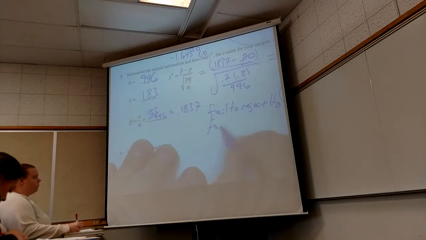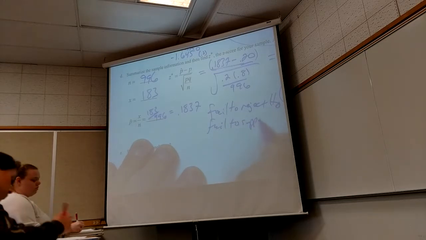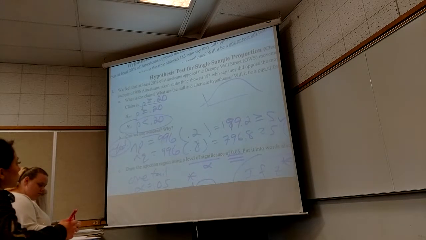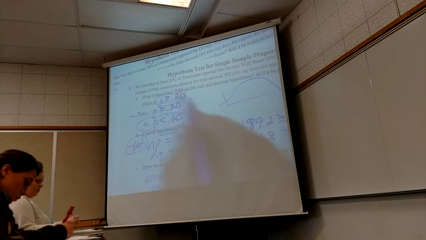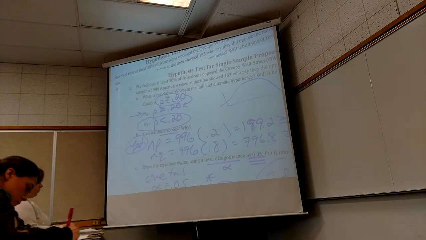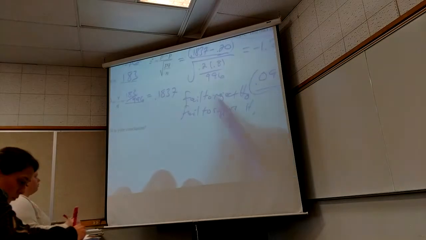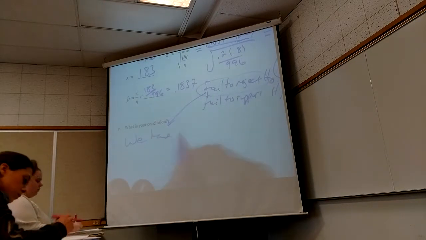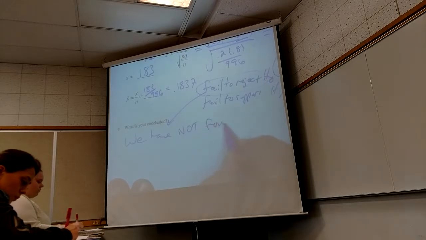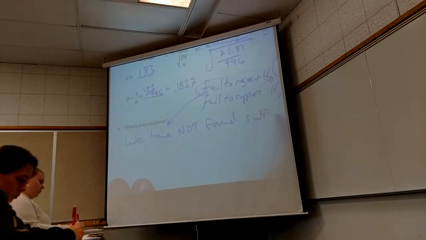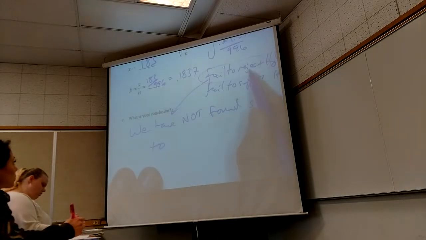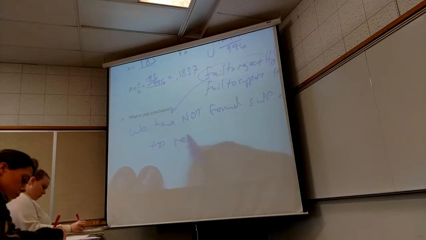So that means I failed to support the H-one. Which one was my claim? The H-naught. Claim is this. That's my claim right there. So then I use this language. Fail becomes: we have not found sufficient evidence to reject the claim that what?